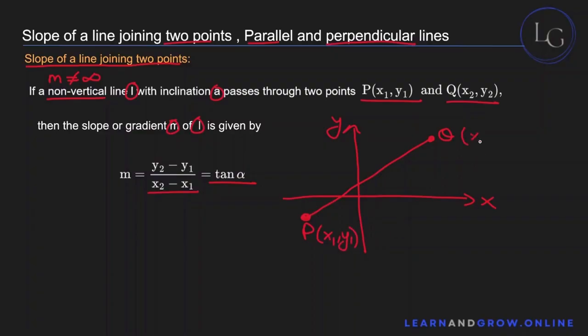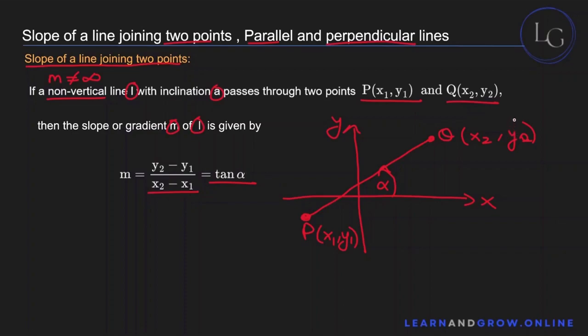Q has x2 as its x value and y2 as its y value, right? And its inclination is simply this angle here. Let's say it's alpha. Now you can find out the gradient of this line PQ by this formula, right?